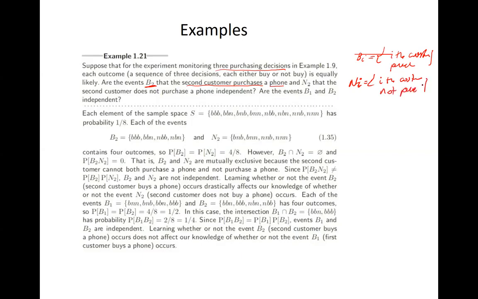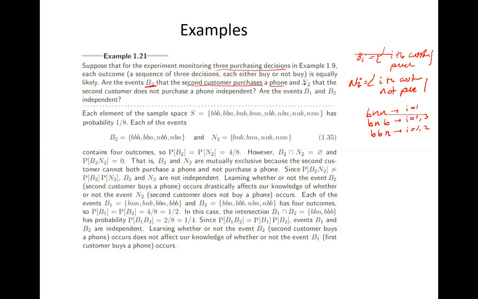So we can list this simply. For example, B and N, B and B, BBN. Here, the first customer purchased. Here, the first and third customers purchased, and here i is 1 and 2. First and second customers purchased something.